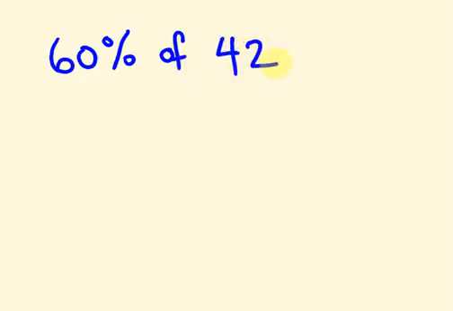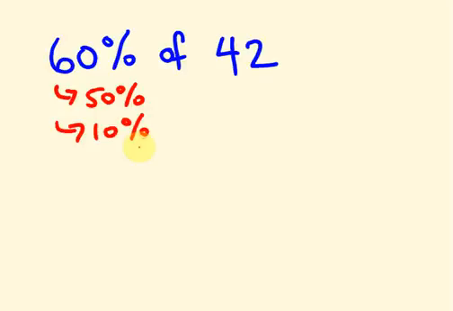What about we do this one, 60% of 42. Now, I'd pause it and try to give it a go. You might try to work out what it's made up mainly of. The easiest way of getting there is a 50% number, if you remember, that's half, and a 10% number.